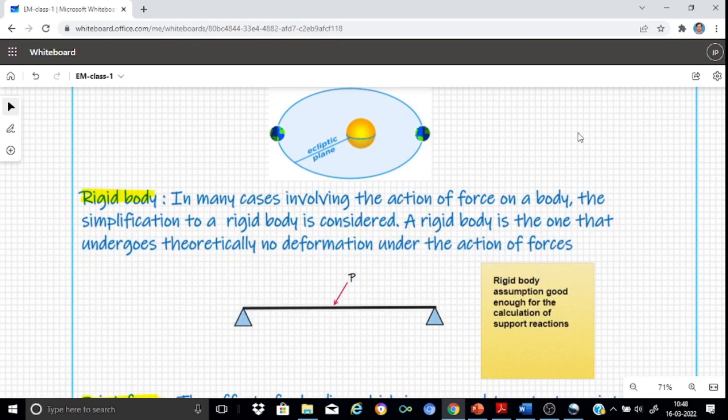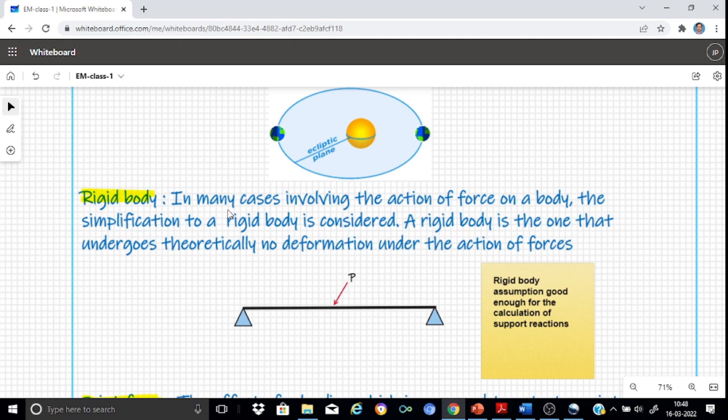Then the second idealization is known as the rigid body. In many cases, when we study the action of a force on a body, we make a simplified assumption that the body which we study is rigid.